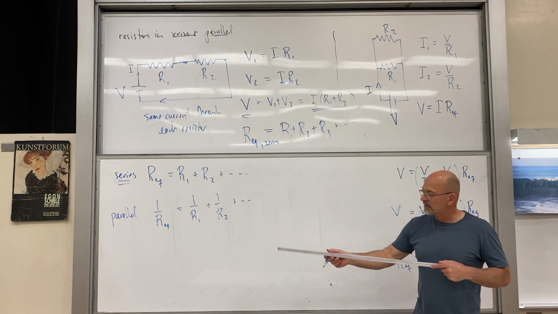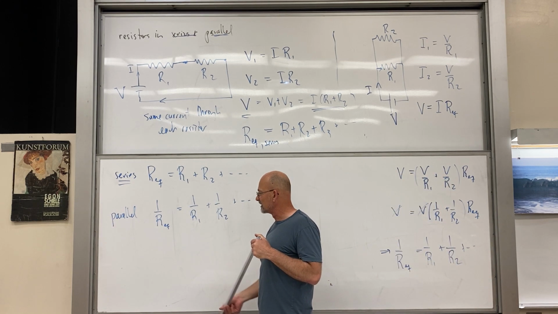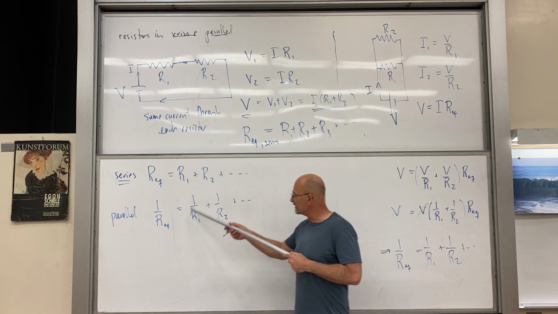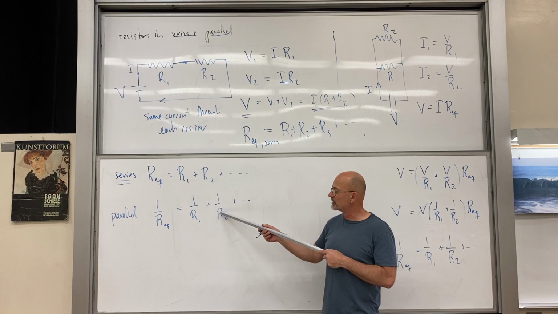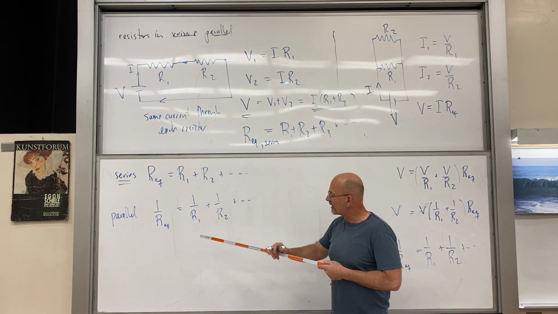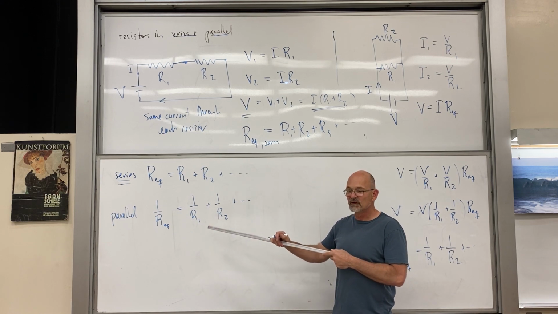Now I'm just going to warn you, it's very common to make a mistake. The very common student mistake is to say R equivalent is equal to 1 over R1 plus 1 over R2. Okay, it's 1 over R equivalent, and so you have to do a couple of steps if you put this in a circuit.